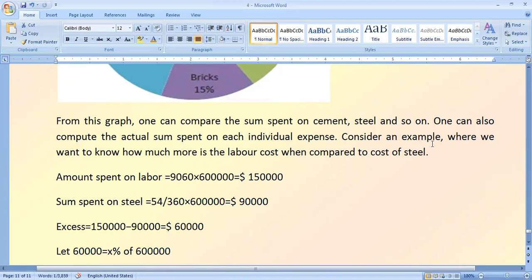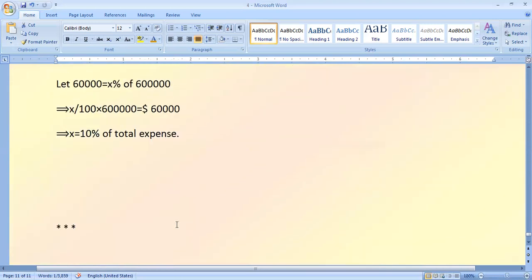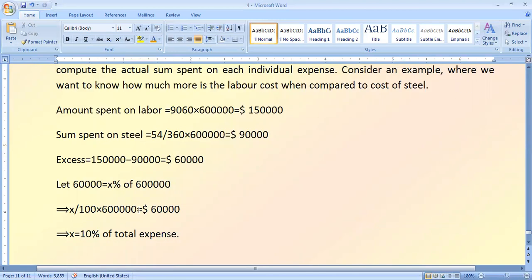Consider an example where we want to know how much more the labor cost is compared to the cost of steel. This is the mathematical part. No need to worry, this is only for information.